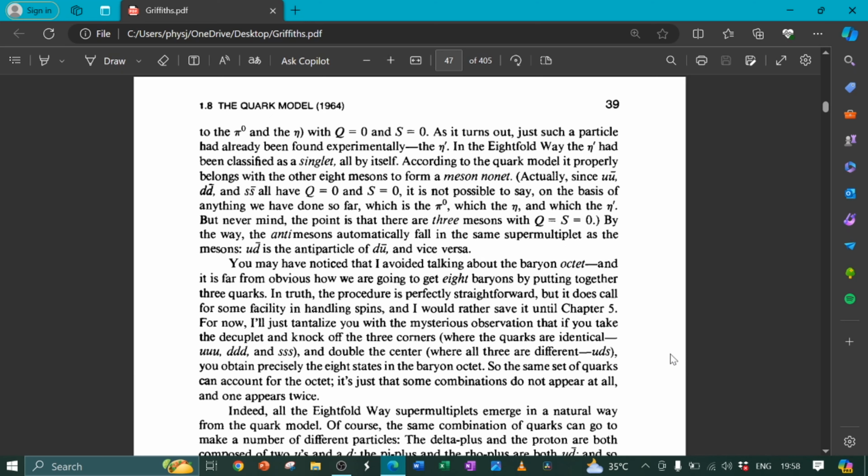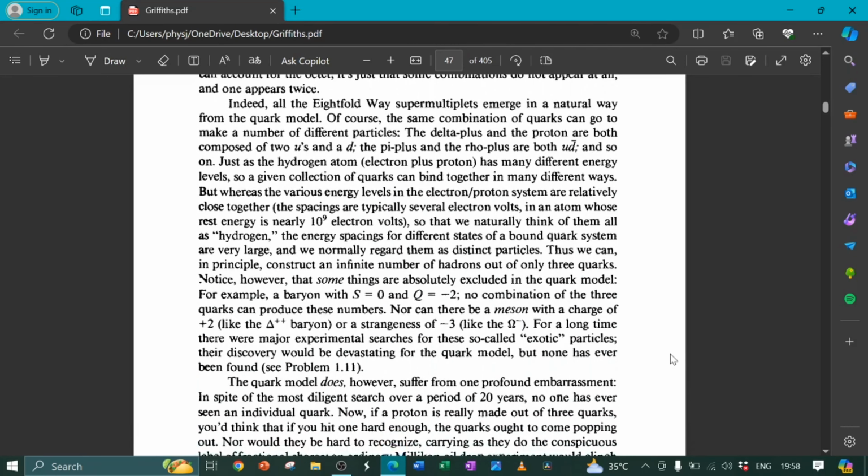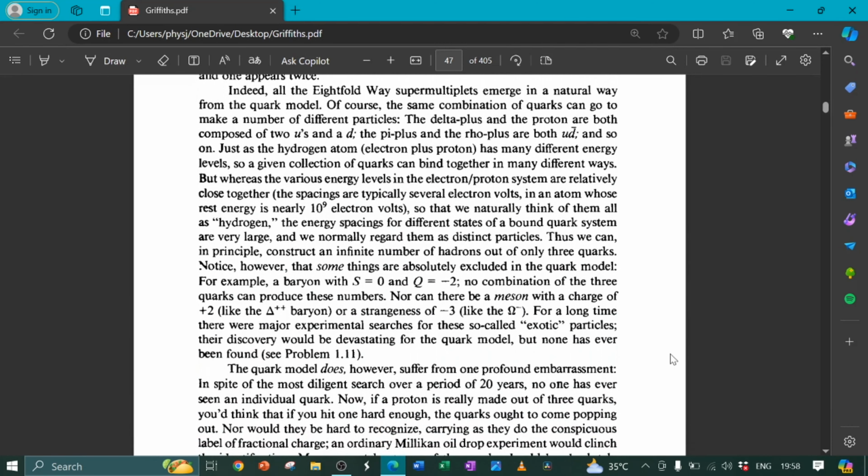So the same set of quarks can account for the octet. It's just that some combinations do not appear at all and one appears twice. Indeed, all the eightfold way supermultiplets emerge in a natural way from the quark model.